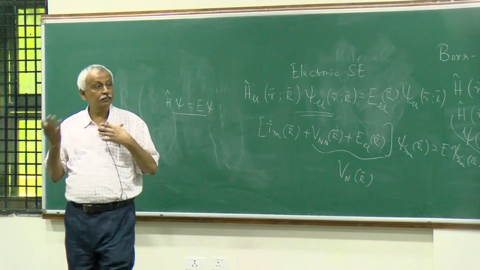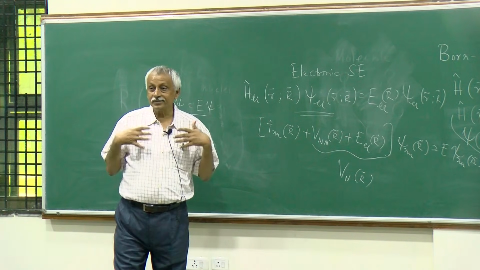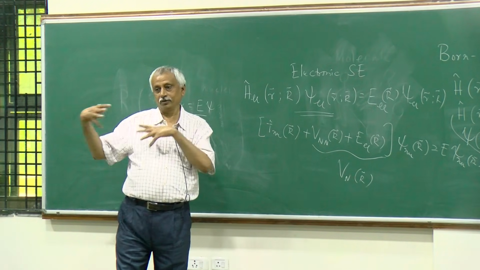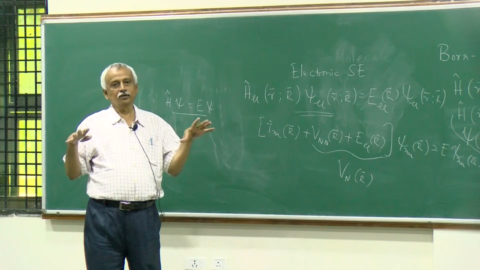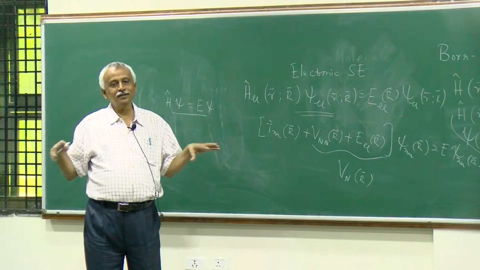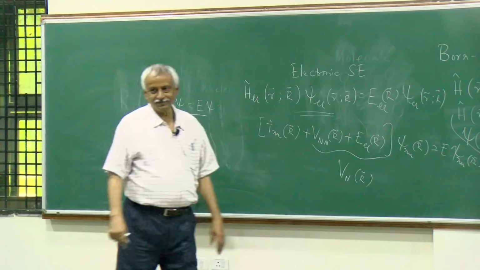You can see that I am using nuclear geometry and molecular geometry synonymously, because when we talk about molecular geometry, we generally consider only the positions of the nuclei. We don't bother about the electrons.